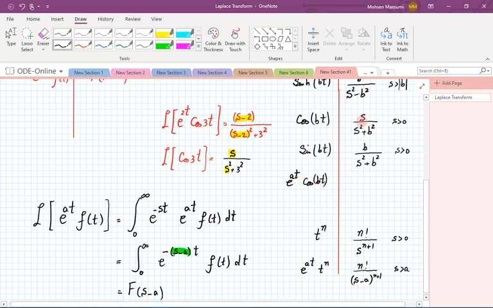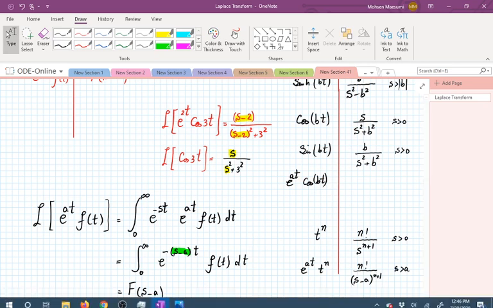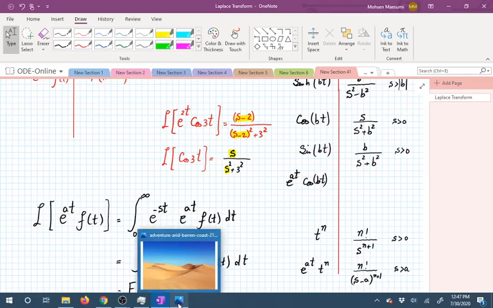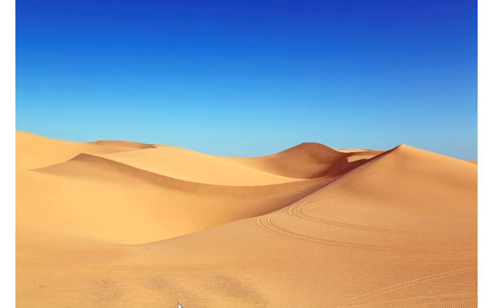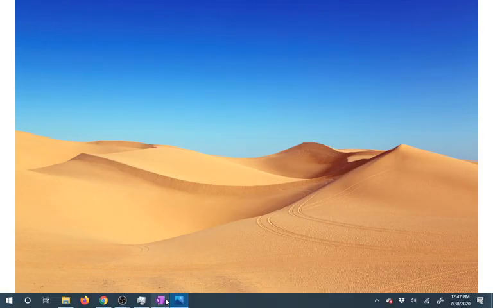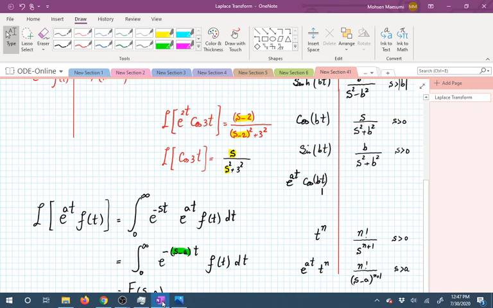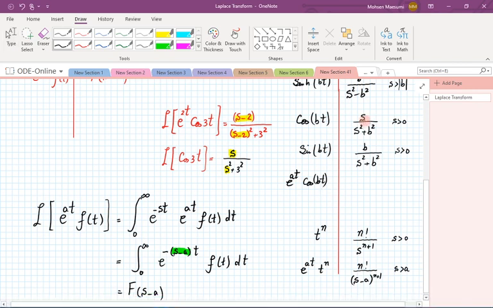So let me see if I can encourage you to write the right hand side of this thing. What should I write on the right hand side? Essentially, you have to come up with the answer in a second. So simply a substitution, s minus a over s minus a squared plus b squared.